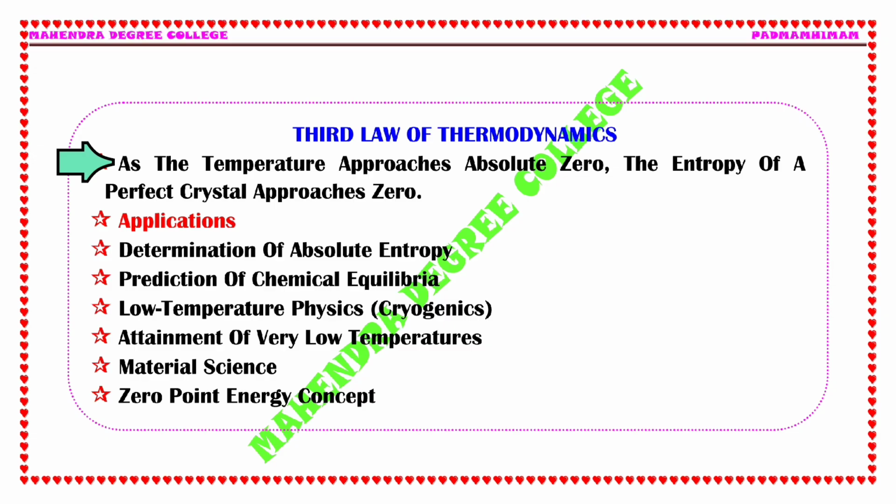At 0 Kelvin, perfect arrangement means zero entropy. In simple words, as temperature reaches absolute zero, a perfect crystal becomes perfectly ordered. So, its entropy becomes zero.